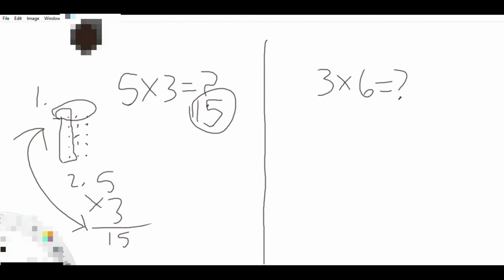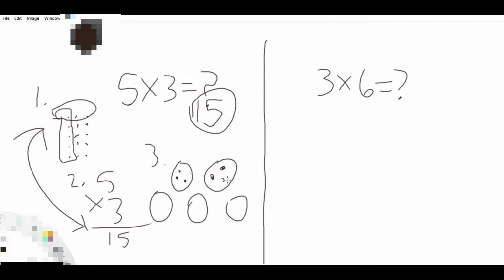Okay, the third way is maybe there are 5 bowls like this. 1, 2, 3, 4, 5. And inside those bowls there are 3 dots, maybe 3 cookies. Let's say these dots are cookies. Or you could say the 5 is cookies and the dots are chocolate chips. That's maybe a better visualization.